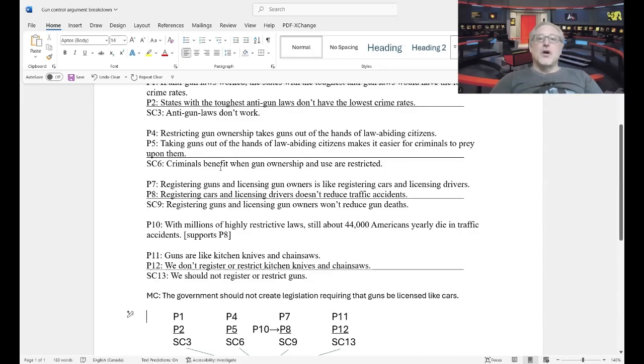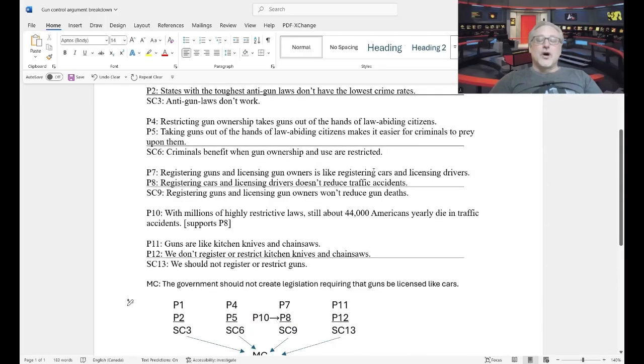It wouldn't be as strong because it wouldn't be conveying as much support, but it would still be the case that criminals benefit when gun ownership and use are restricted is a reason to not restrict gun ownership. And the same thing applies for the other two. I won't go through them. The idea here is that it's multiple independent arguments when they are independent and don't require each other.